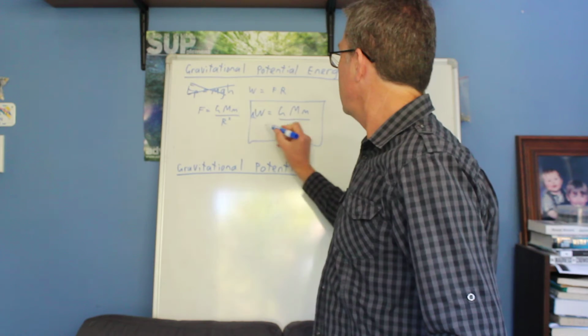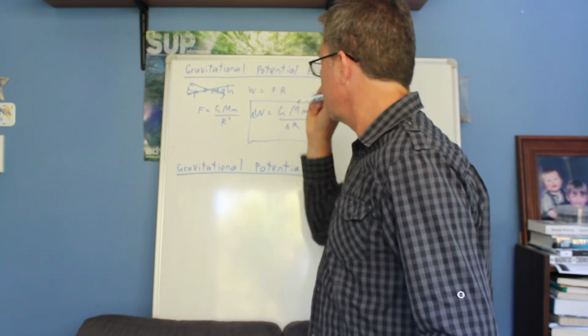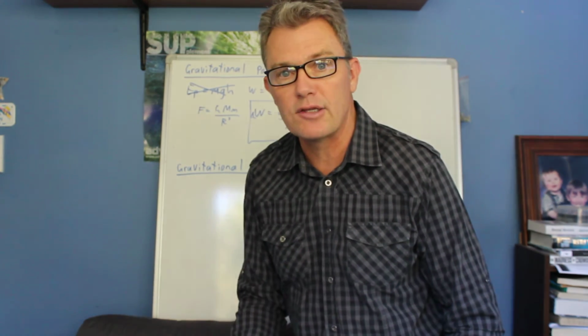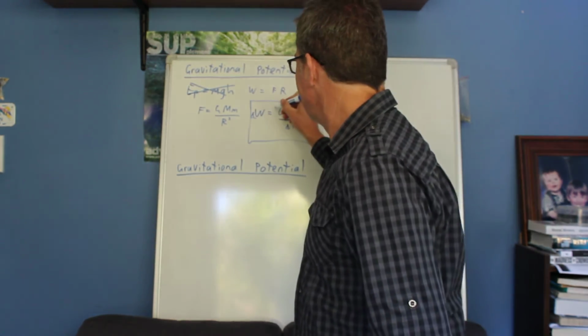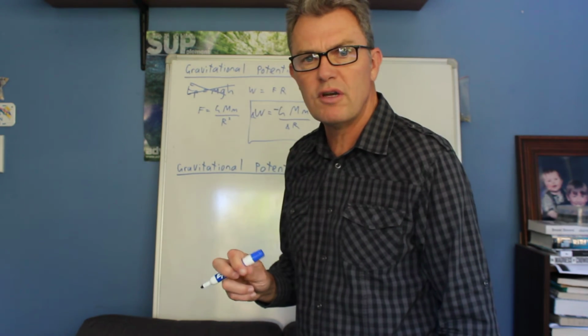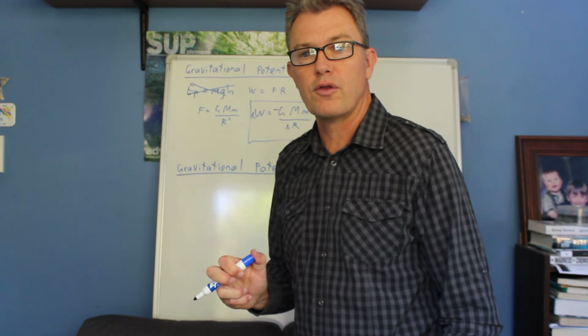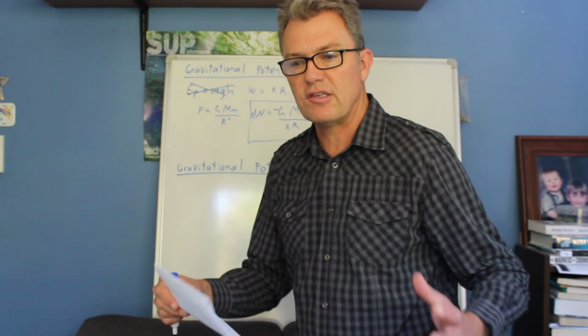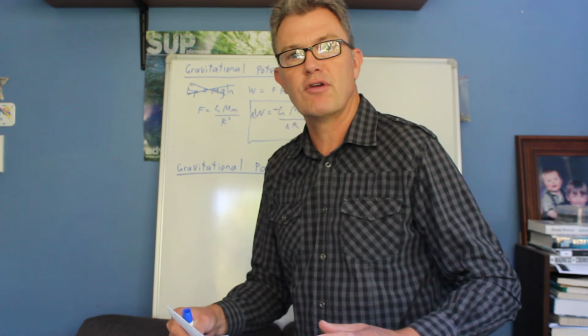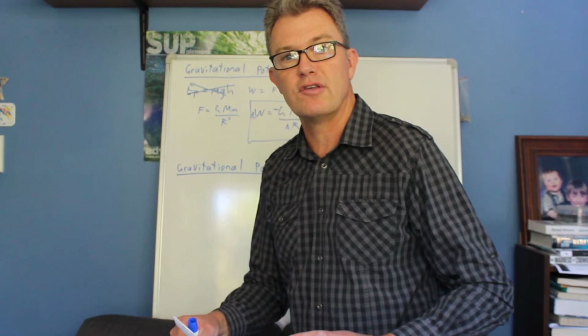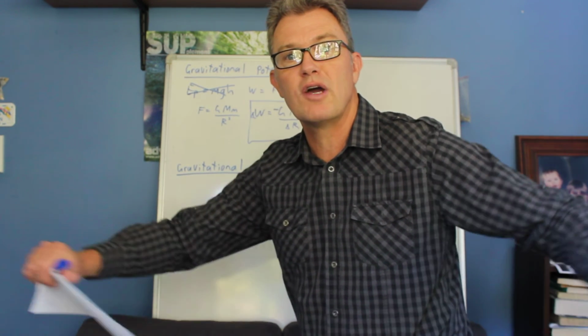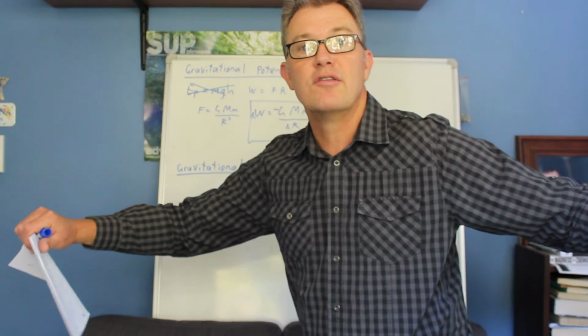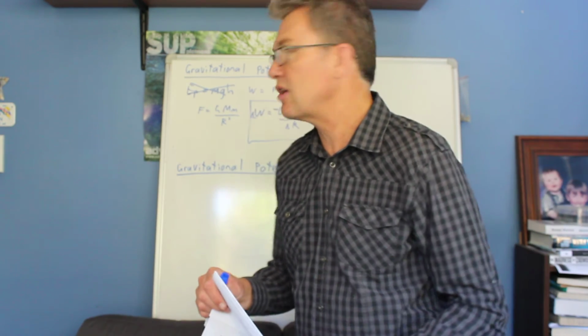So it's a change in distance. Now the other thing that we need in this equation is a negative sign, because wherever you are in the universe, the energy that you possess is negative. The gravitational potential energy that you have is negative, unless you get an infinite distance away from every other object, then it's zero. A bit weird, but that's just how it is.